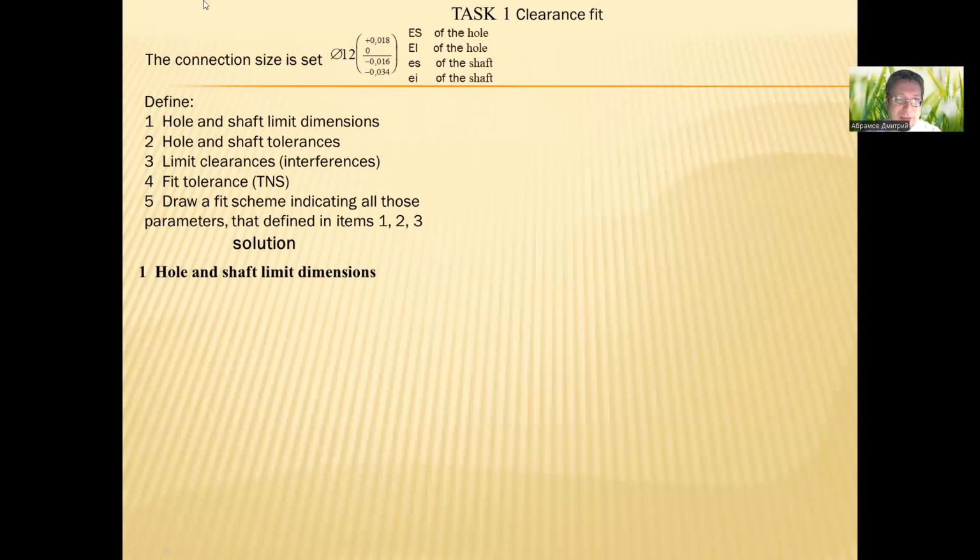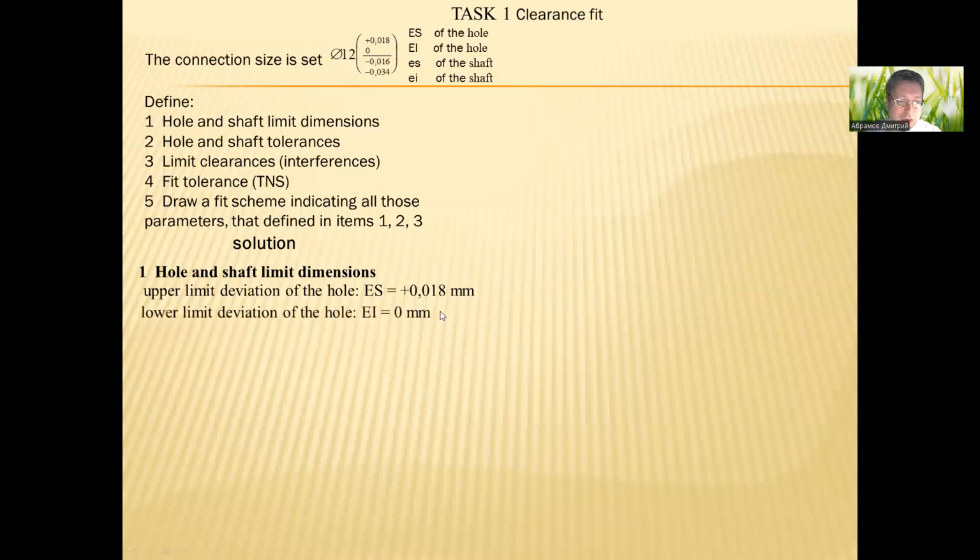As you can see, upper limit deviation and lower limit deviation of the hole, upper limit deviation and lower limit deviation of the shaft. So upper limit deviation of the hole, big ES, is equal plus 0.018 millimeters.